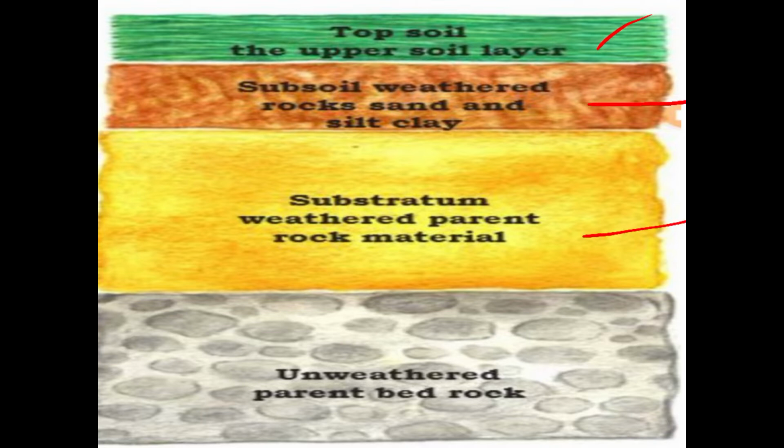Below that, we have the substratum, weathered parent rock, even washed away into minute parts. The lowest region is the unweathered, unwashed away parent rock, which is in bigger shapes and larger forms.